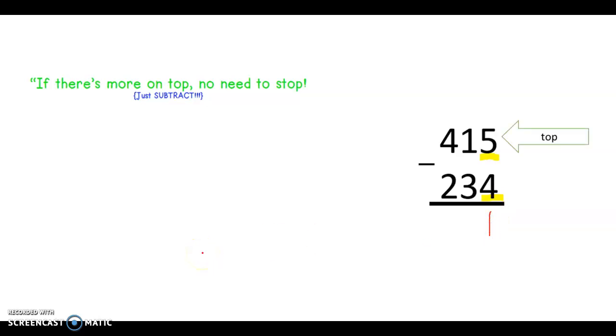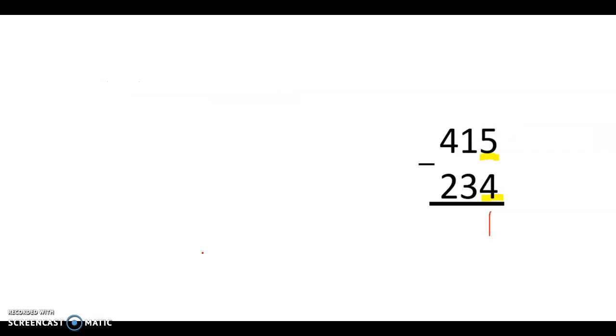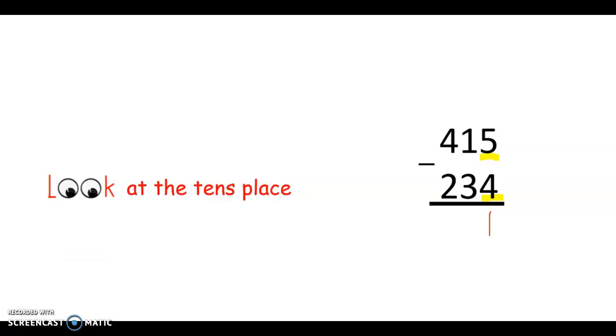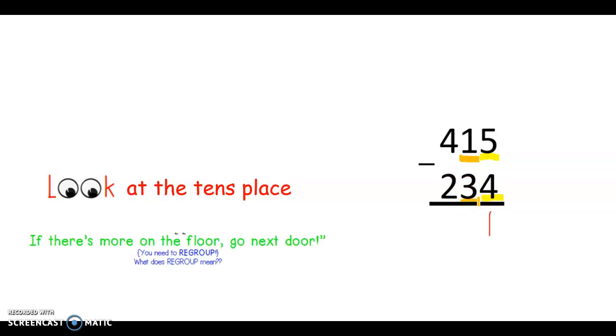Okay, there's my top. Now I'm going to look at the tens place. So if we look at the tens place, I have a 1 on top and a 3 on the floor.